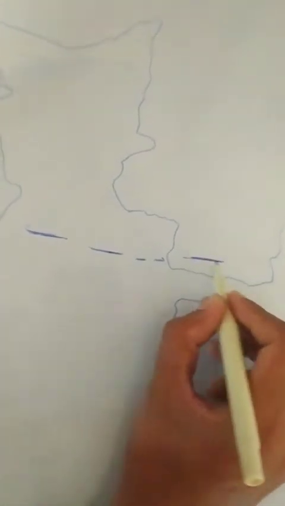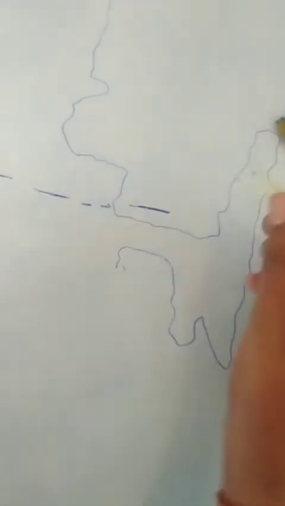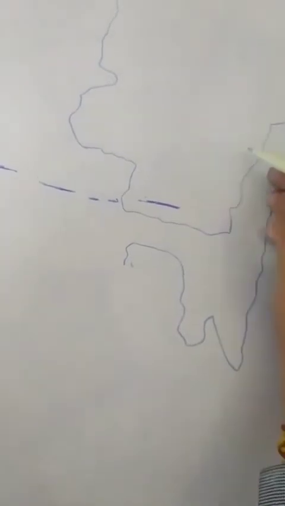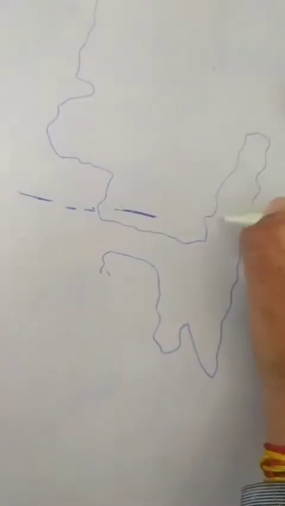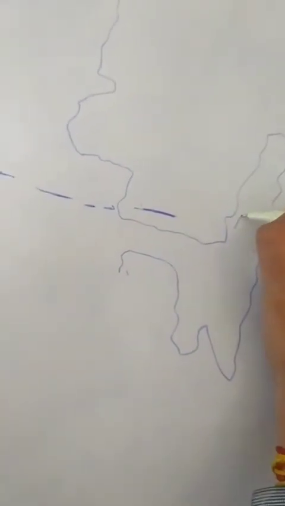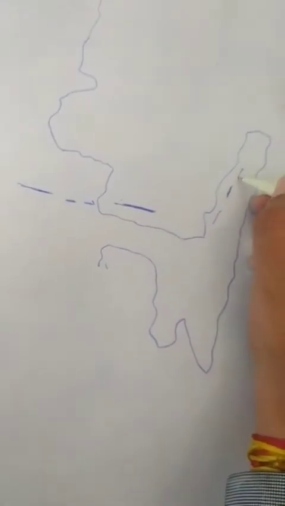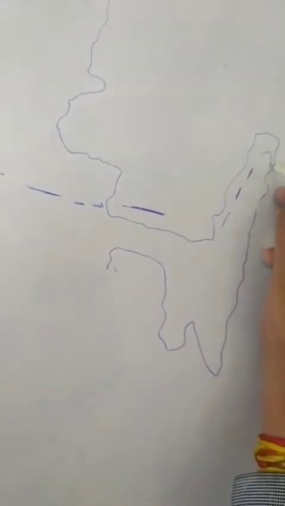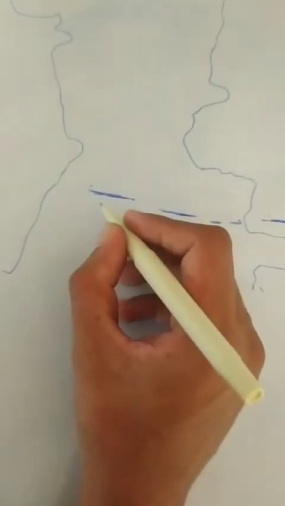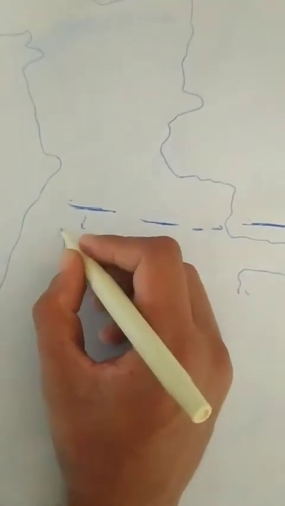In Nepal, the Mahabharat range is located, and in the northeastern states, in Arunachal Pradesh, Dafla, Miri, Abor Hills, and here Mishmi Hills is located. I shall write the names of these ranges.